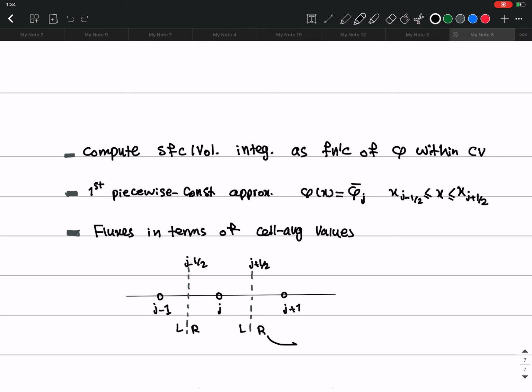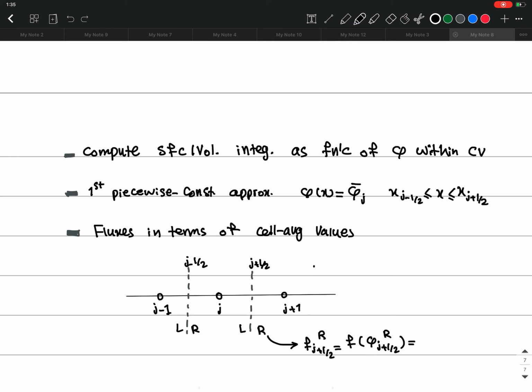For example, here I can say f j plus 1/2 right is f of phi j plus 1/2 evaluated at phi j plus 1/2 at right. And then, because this is going to be located somewhere around here, it is within the next cell, within this cell, right?